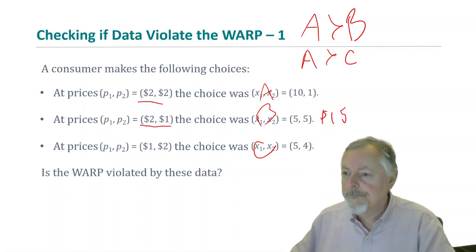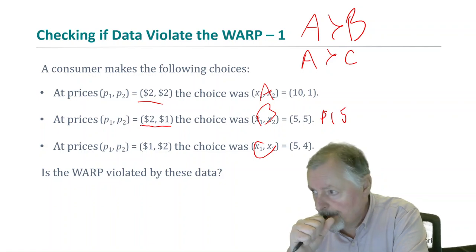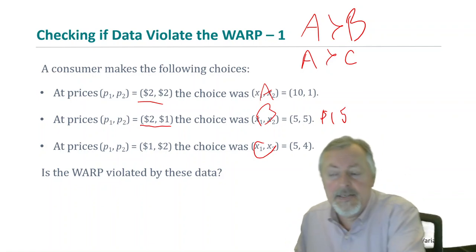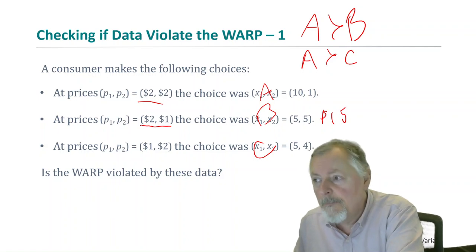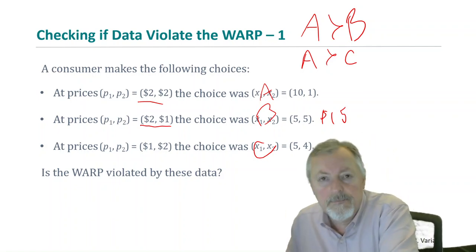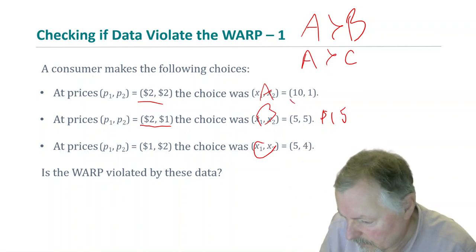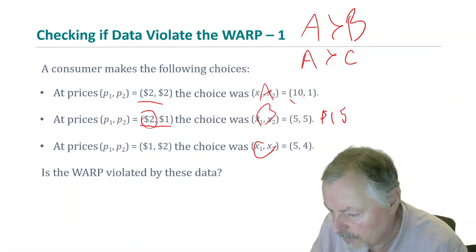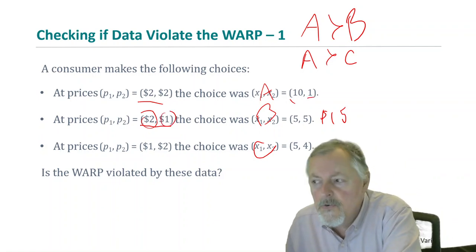Well, let's see. Bundle A, 10 of the first thing and 1 of the second. At the prices that existed with the second choice, 2 and 1, bundle A would have cost you $21. $10 times 2 plus 1 times $1. That's $21.